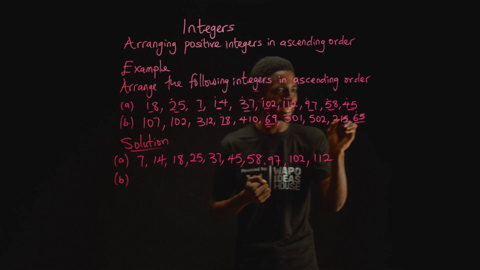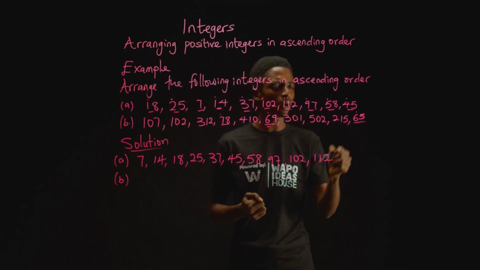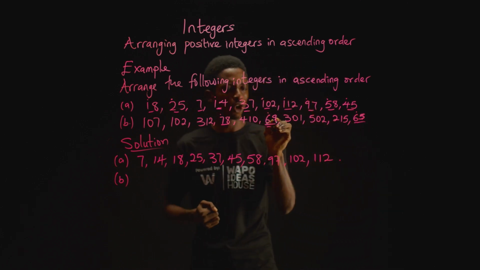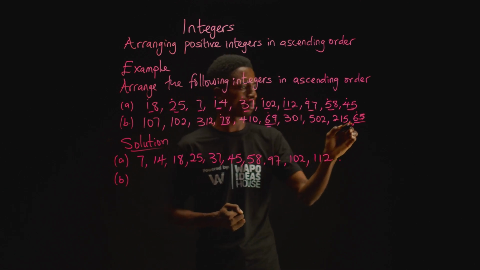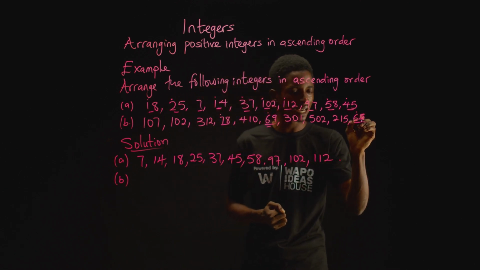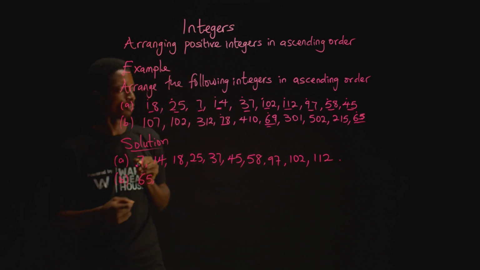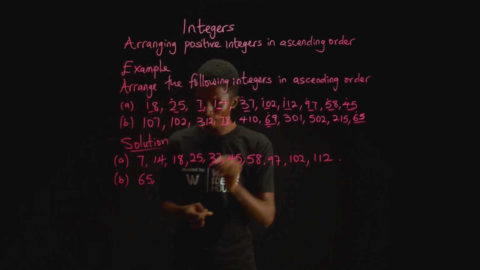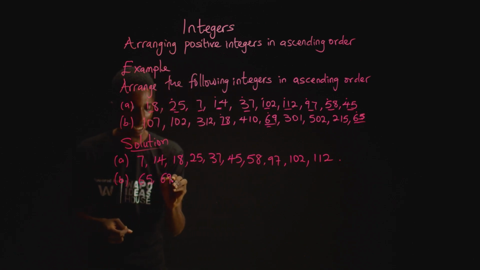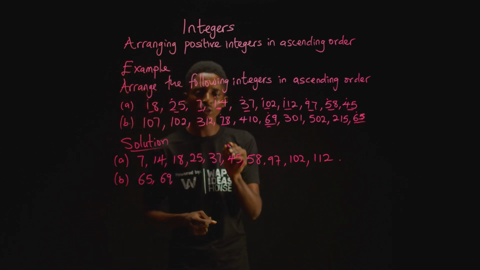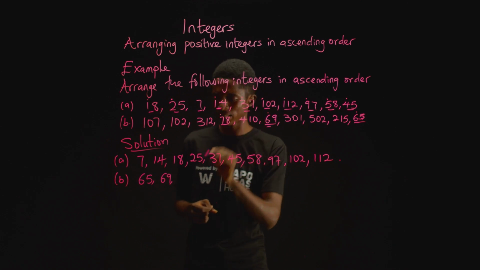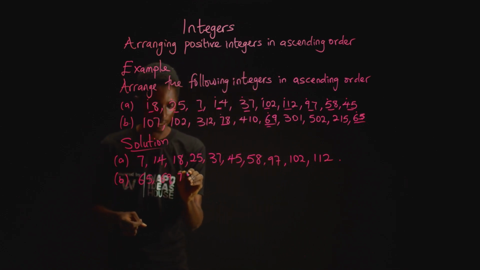So we have 9 here and 5. And in order, we should have 5 before we come across 9. So that means our number with the smallest value here is 65. So we write that down, 65, followed by 69. Then the final 2-digit number we have here is 78.